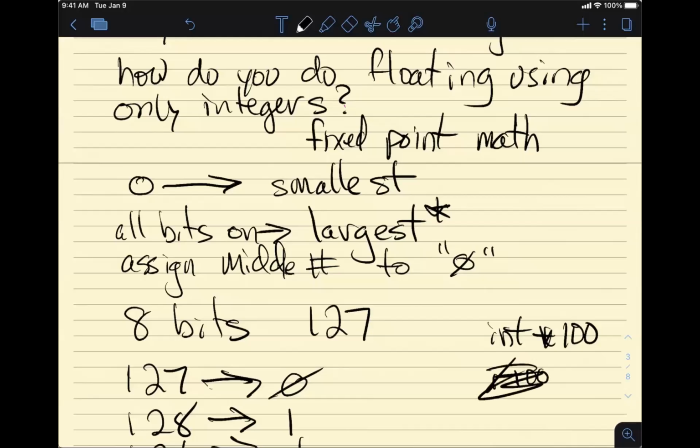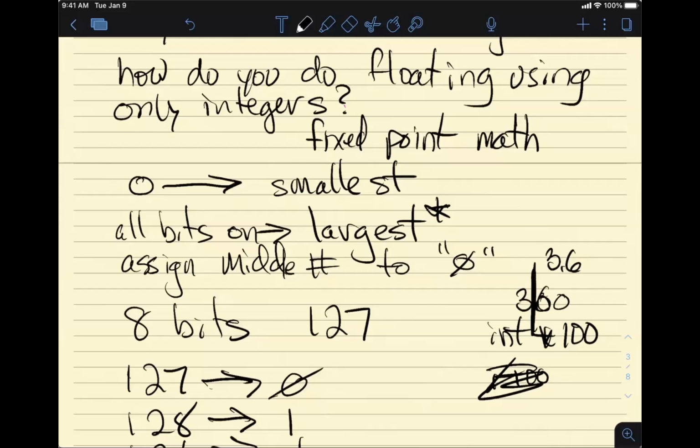Okay, actually, forget about the divide by 100. So let's say you have 3.6. Well, you don't store it as 3.6 because you don't have floating point. So you could instead, let's say your multiple was 100, you could store it as 360, knowing that that is your decimal place, but you're only using integers.